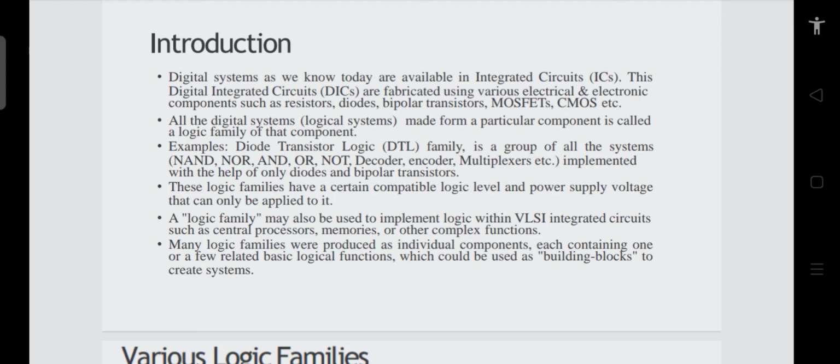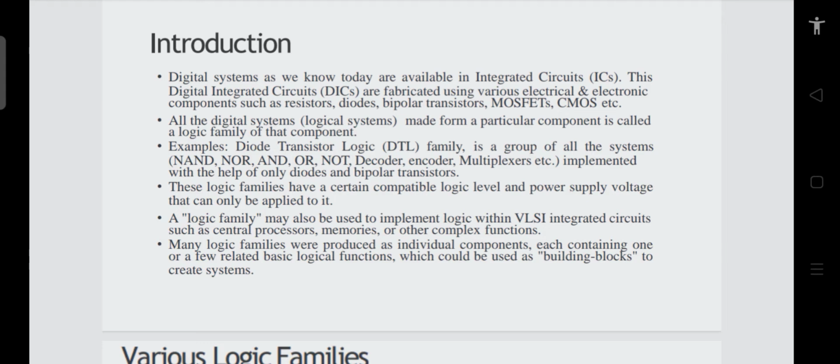Sometimes we use multiple components to realize a Boolean expression or any gate, or sometimes we use a single component along with resistors. We try to realize everything with the help of a certain component only. If this is possible, then we call it a certain type of logic family. If we use multiple components, then we name it accordingly.